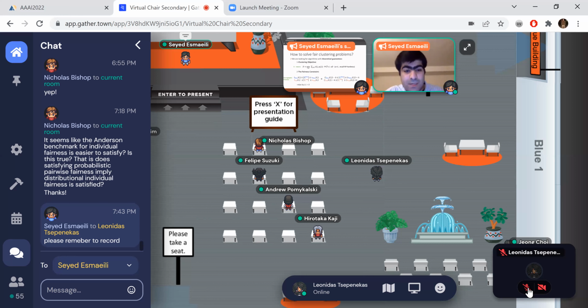The cardinality of Ci blue is the number of blue points in cluster i, and we want the number of blue points in cluster i to be upper bounded by U blue times the number of points, and lower bounded by L blue times the number of points. So the number of blue points should be upper and lower bounded by specific proportions times the entire number of points in the cluster. And we want the same thing for red, with different proportionality bounds U red and L red.